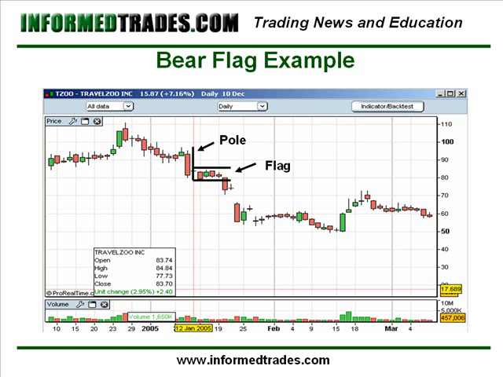We have a big move downward, then a brief consolidation in the market before resumption of the downtrend. And again here, the flag portion of the pattern can be represented by a rectangle that either points directly to the side or slightly upwards. Either would be considered a valid flag pattern.